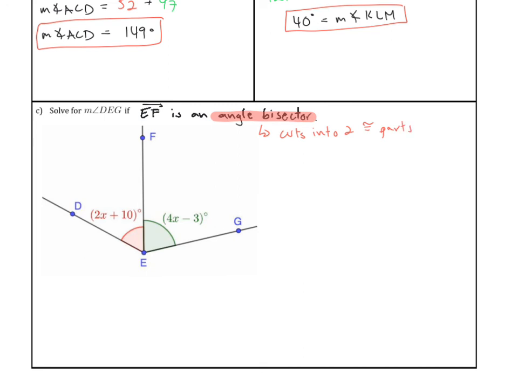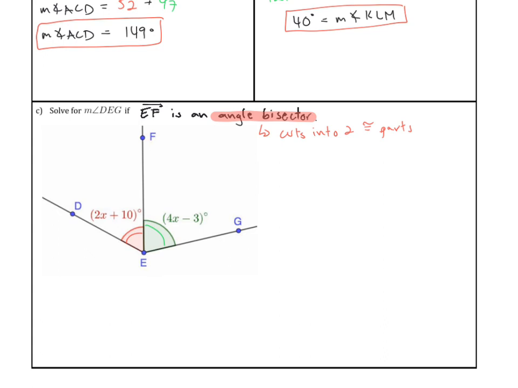So those two congruent parts are actually going to be angle DEF and angle FEG, right? Because the whole angle DEG has been cut into two smaller angles, but those two smaller angles are equal or are congruent to each other.